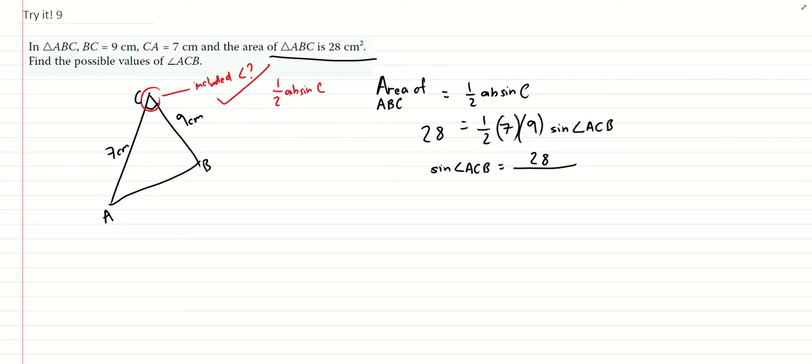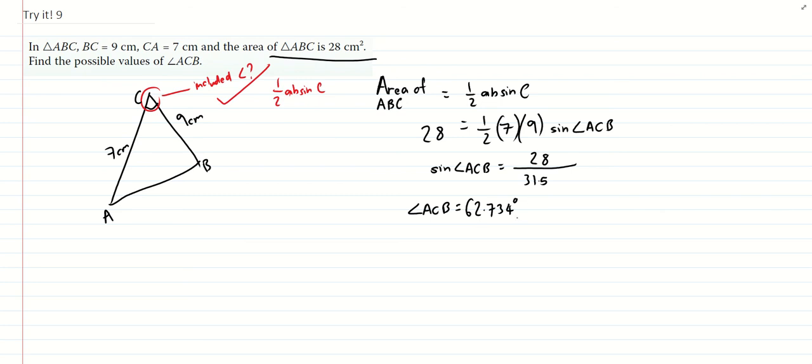Half multiplied by 7 multiplied by 9 is 31.5. So angle ACB equals sine inverse of 28 divided by 31.5, which equals 62.734 degrees.